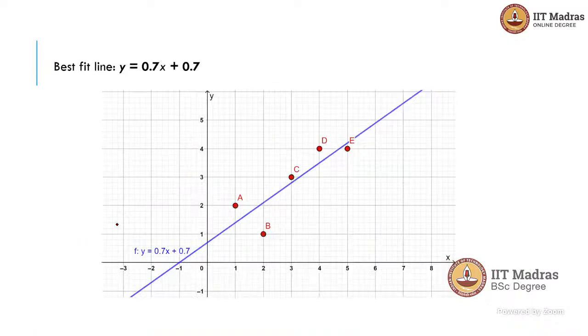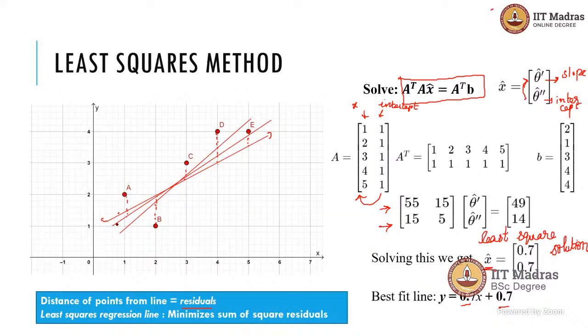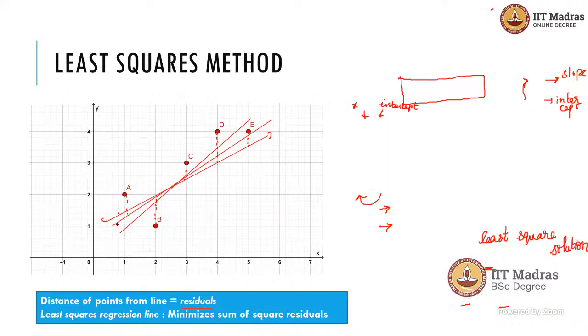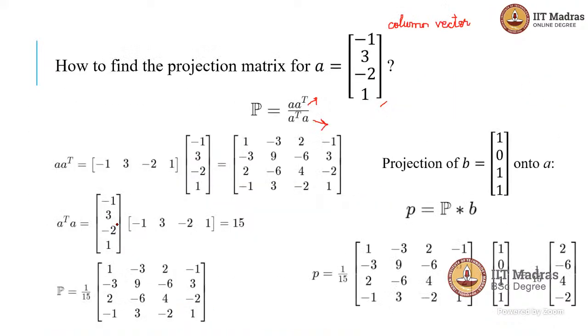Can you go to the slide before? Just go to this one, yeah. Here you said the column vector is A and A transpose. A is a column, so this A transpose should be... we haven't taken that in this multiplication.